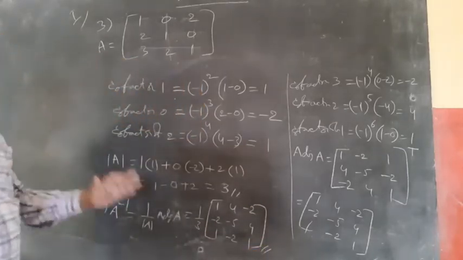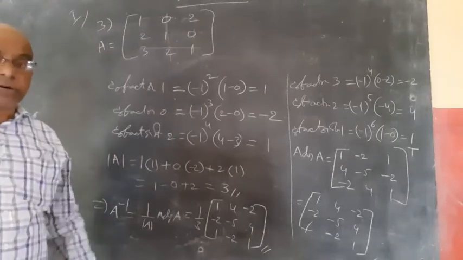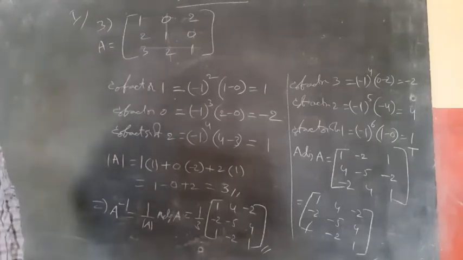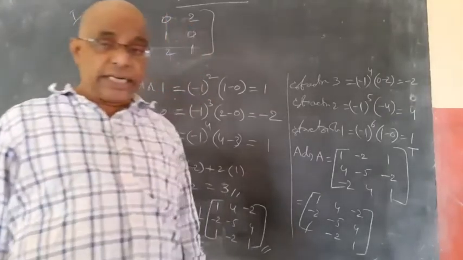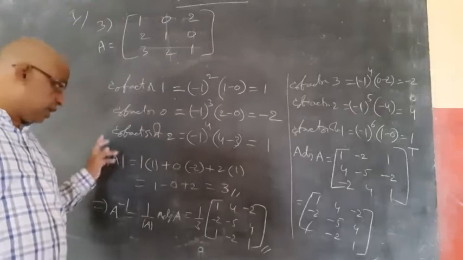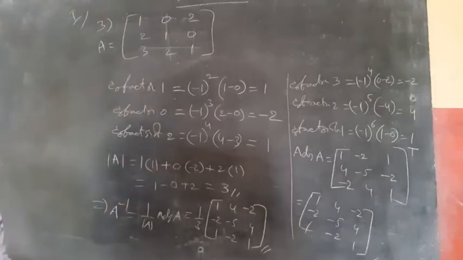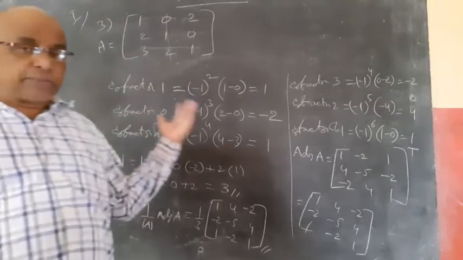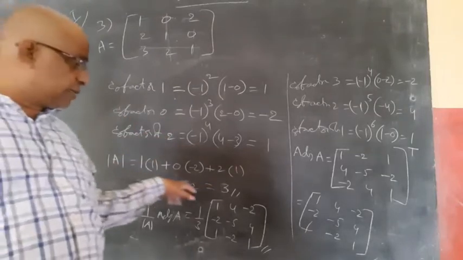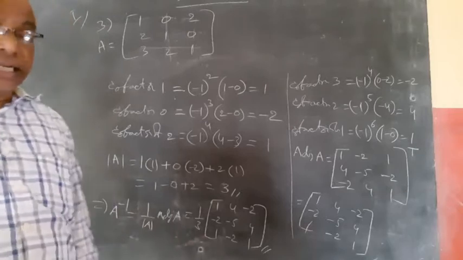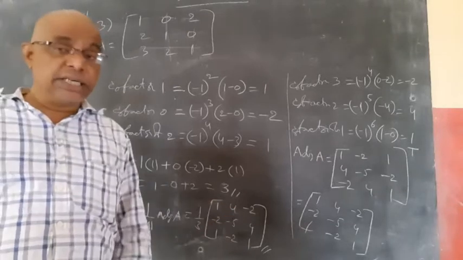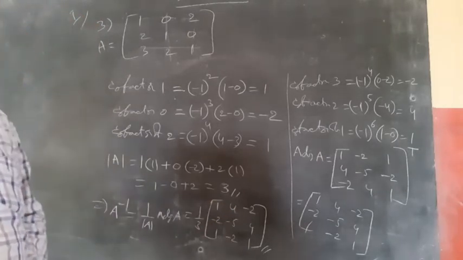So for adjoint A and det A: after finding cofactors, if you form the cofactor matrix, then transpose it, you will get adjoint A. After getting adjoint A, we can go for det A. Any row or column multiplied by their corresponding cofactors added together gives you det A. Now A inverse equal to 1 by det A into adjoint A. So that is 1 by 3 into adjoint A gives you A inverse.